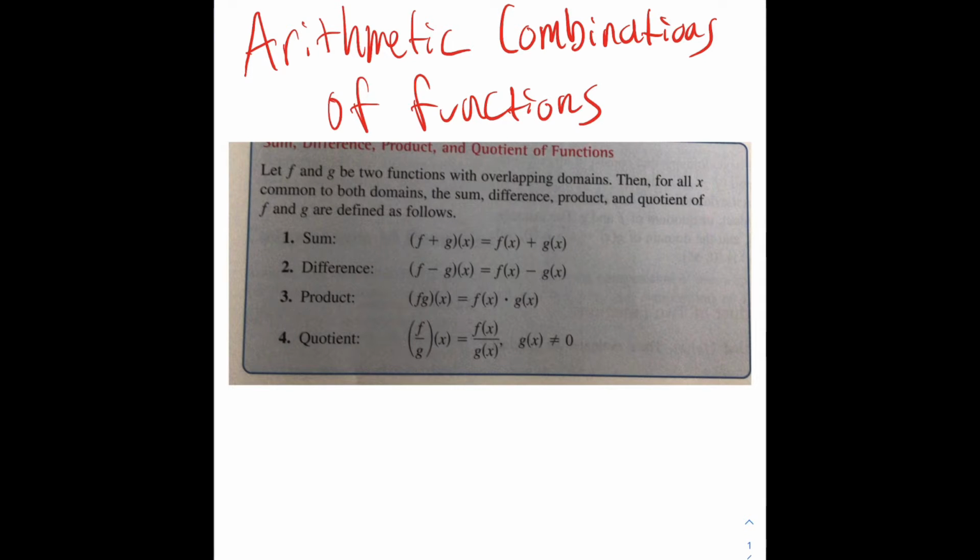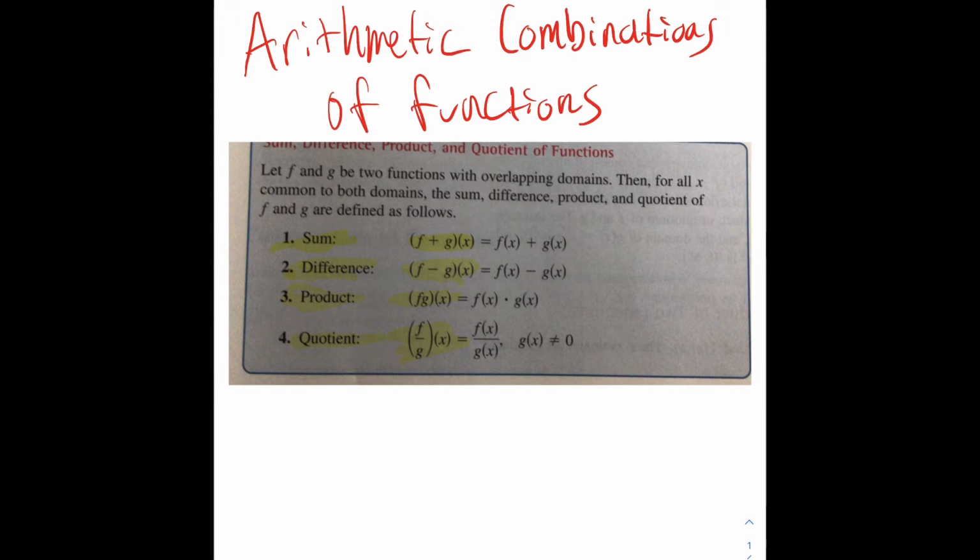So what that means is that not only can we take f of x or g of x, but we can combine functions together. We can add them together, subtract them, multiply them, or divide them.